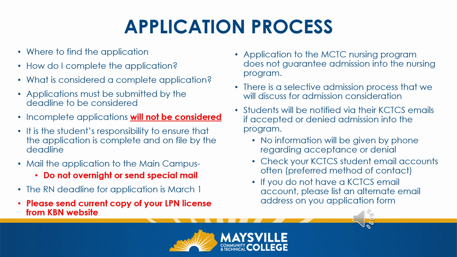Make sure that your email is not full, because it may bounce back to us, but that's how we send your acceptance or denial, and you want to check that often. Usually the acceptance or denials go out in mid to late April.